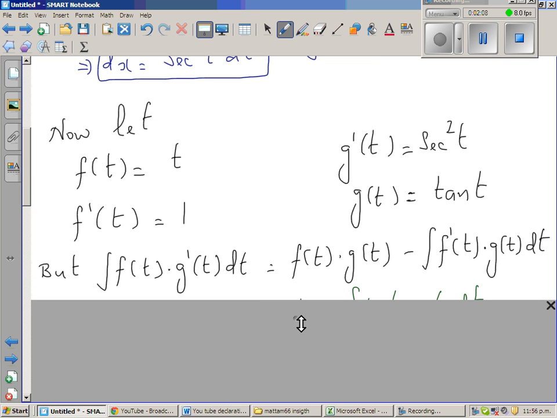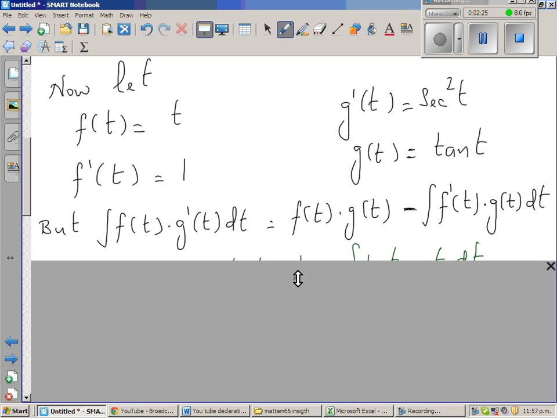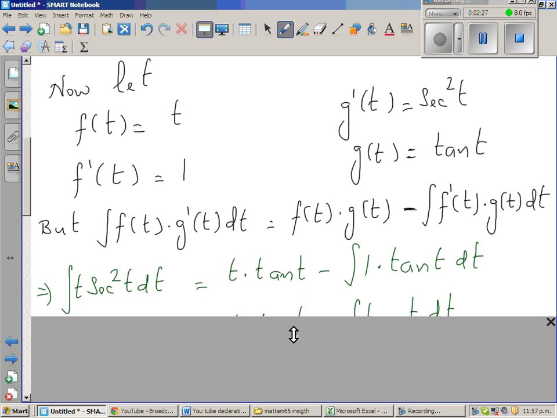This is the formula of integration by parts: the integral of f of t times g prime of t dt is f of t times g of t minus the integral of f prime of t times g of t dt. So I have to just substitute the values.